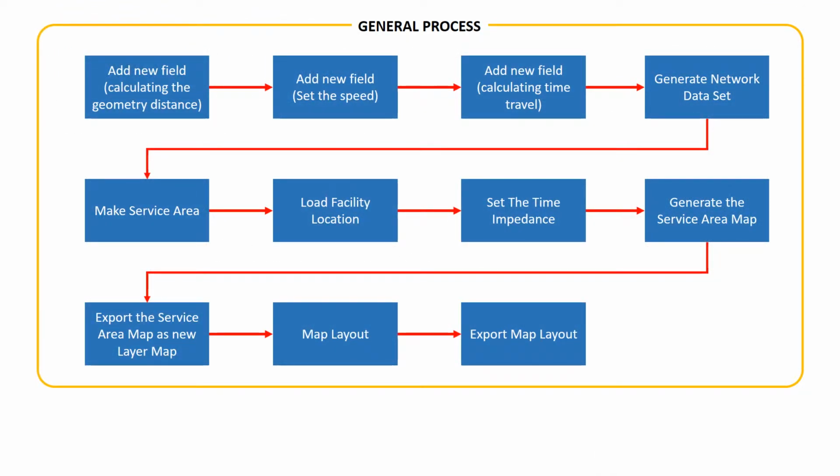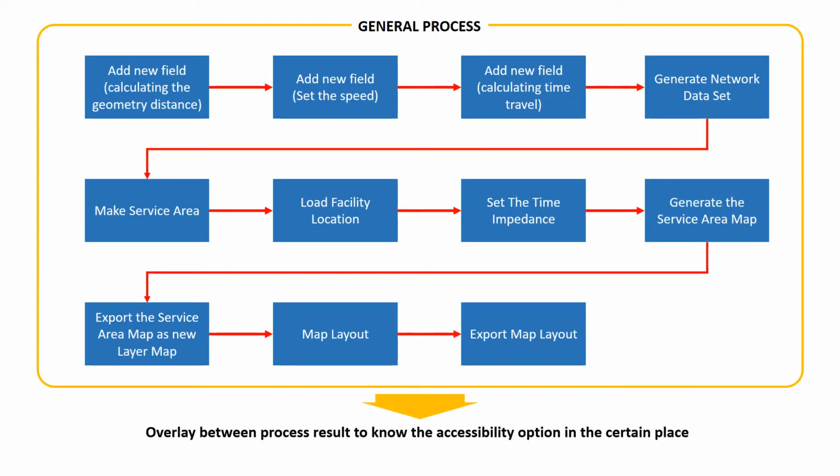This is the general process I have done to perform network analysis using ArcGIS. And from each map I produce with this general process, I overlay them so that we will know the accessibility option in a certain place.